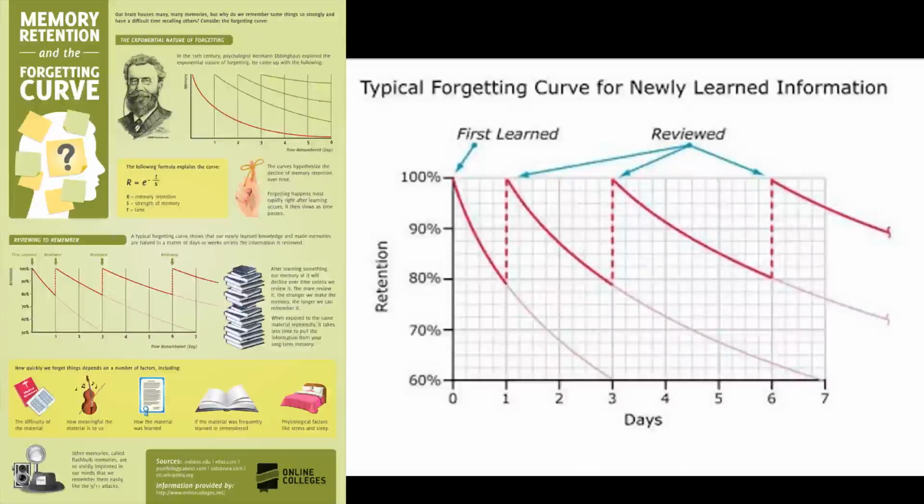How do we retain information? What he did was he just did a whole lot of meaningless little 3-letter words, and he asked people to try and memorize them, and then he'd ask them again and see how much they'd forgotten.